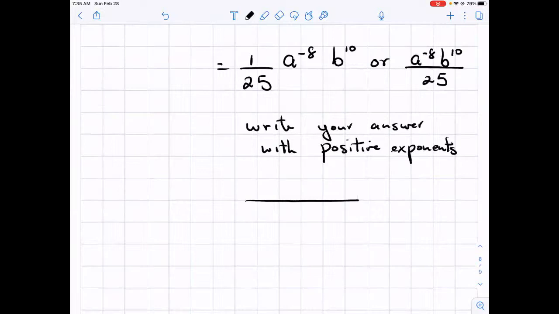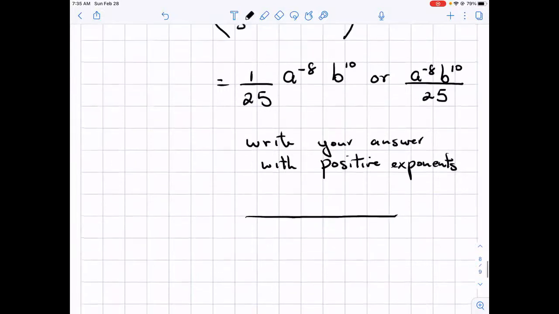So let's look at each one of them. The 1 has a positive power, so it stays where it is. 25 has a positive power, that stays where it is. If you look at a to the minus 8, it has a negative power, and since it's in the numerator, I will bring it to the denominator, and it becomes positive.